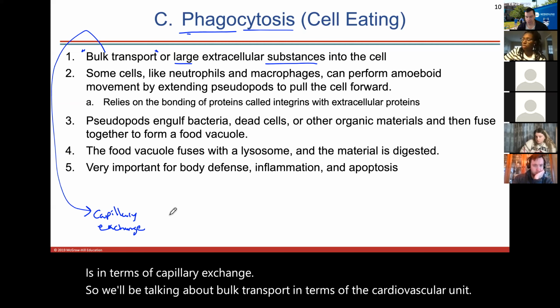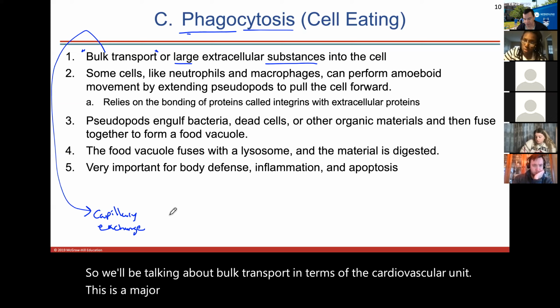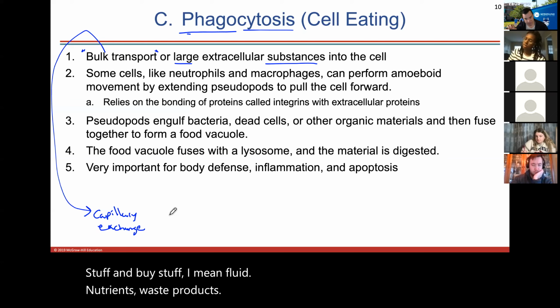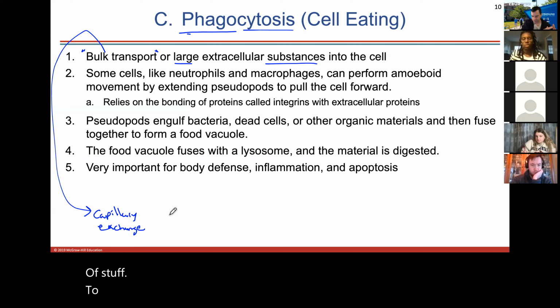This is a major way to get a large amount of stuff, and by stuff I mean fluid, nutrients, waste products, a lot of stuff to move out of the capillary, the blood vessel, and into the tissue.